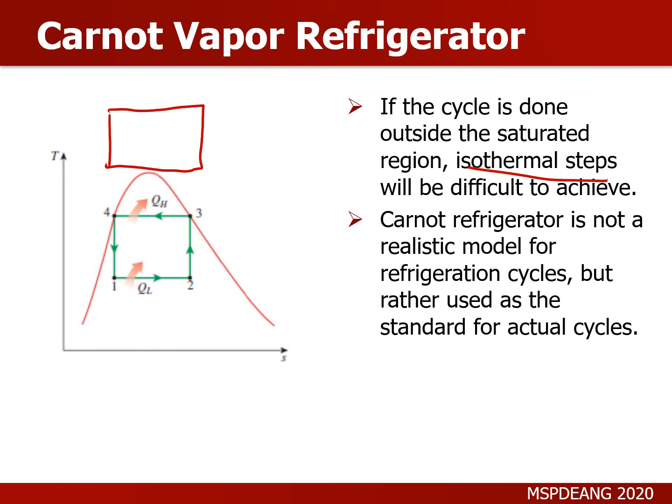So your air conditioners, they don't operate in the Carnot cycle or the reverse Carnot cycle. However, we can use the concepts of the Carnot cycle as the standard for evaluation of our actual refrigeration cycles.